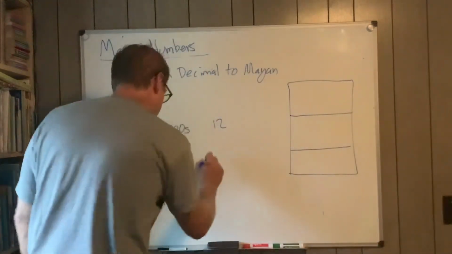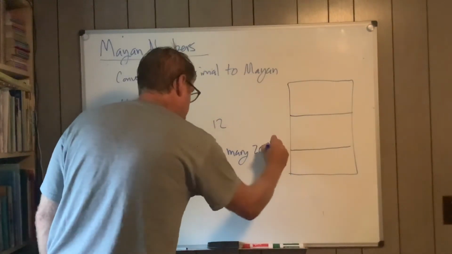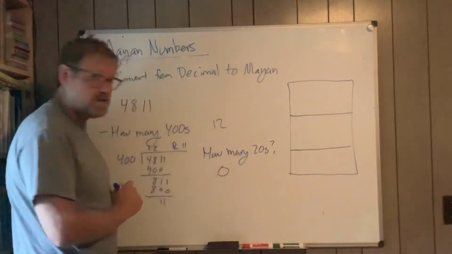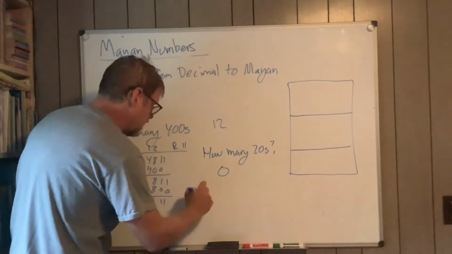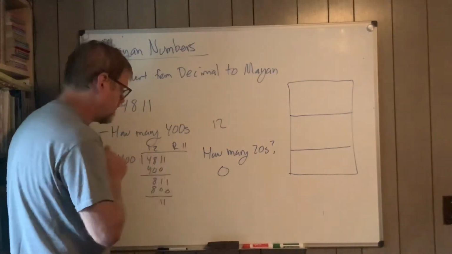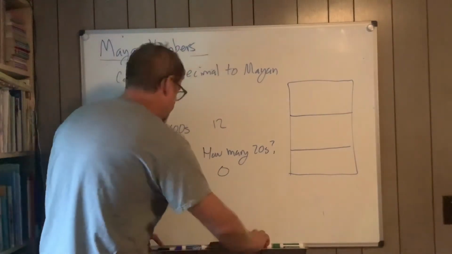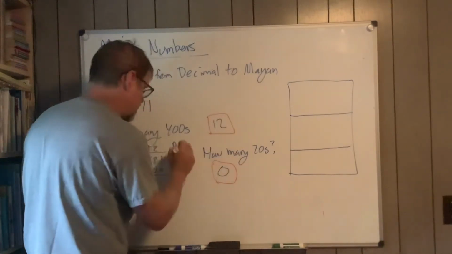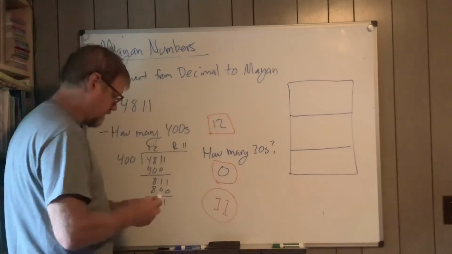So again, my next question is how many 20s are in 11? 0. So how many are left over is 11. Here's what we need to do: we stick that number, then that number, and then 11 in the 3 boxes.